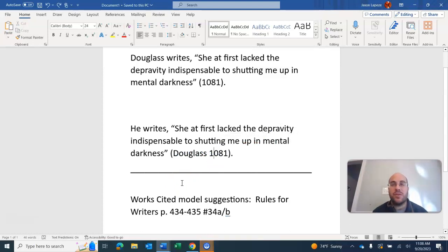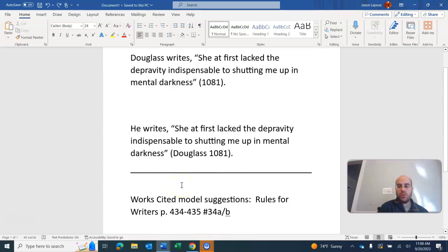A works cited page, for those of you who are familiar with it, is a separate document at the end of your essay, starting at the top of a fresh page, that lists the sources you use for support within your own paper.